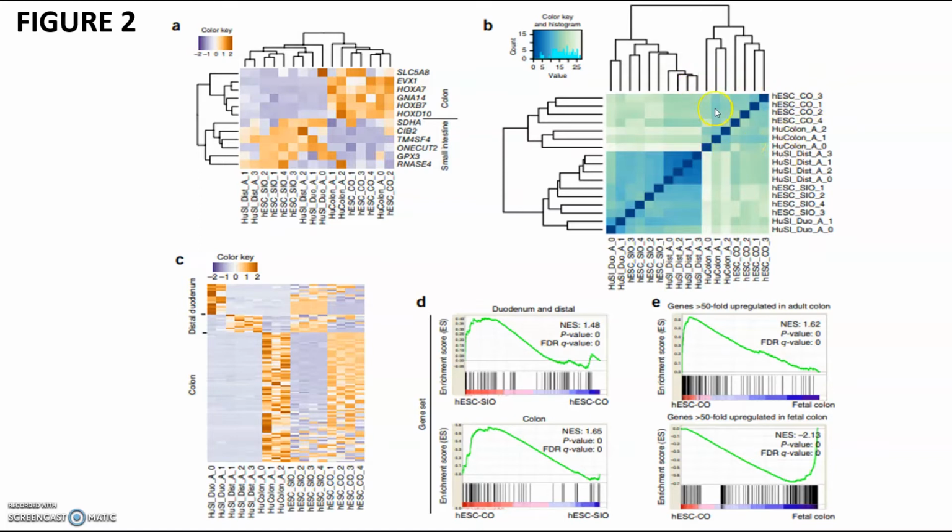And then you can also use this color key histogram for the chart too. But essentially, we're looking for the darker squares as the further identification.